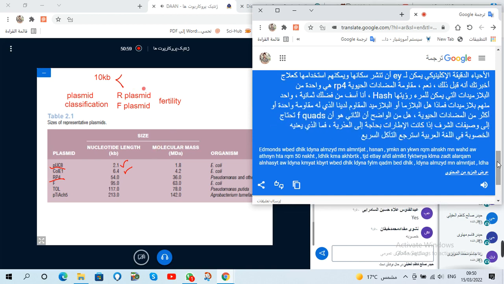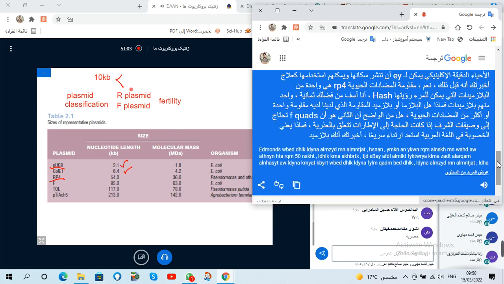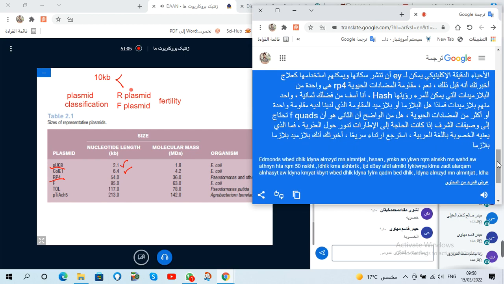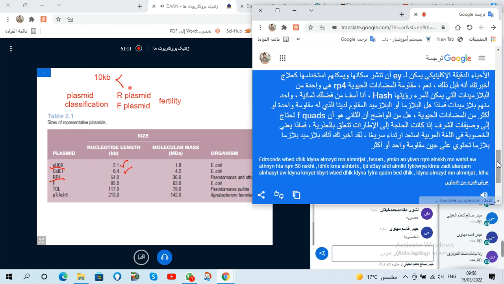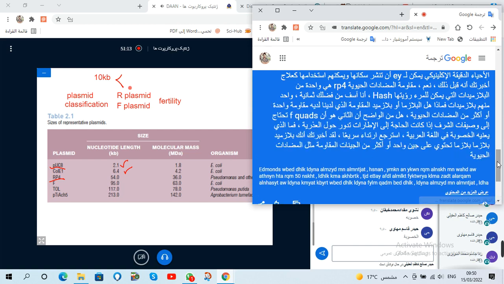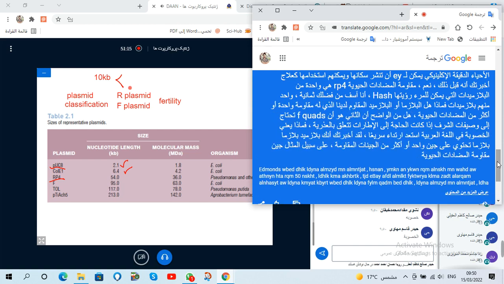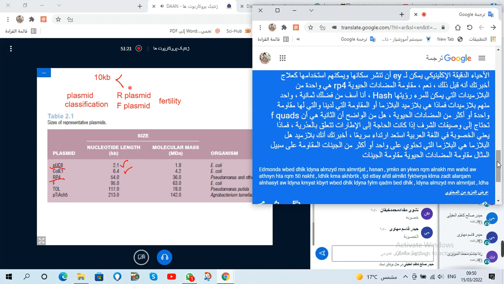I told you R plasmids are the plasmids which contain one or more resistance genes. For example, an antibiotic resistance gene or a mercury resistance gene. Okay, they play a very important role for the bacteria.